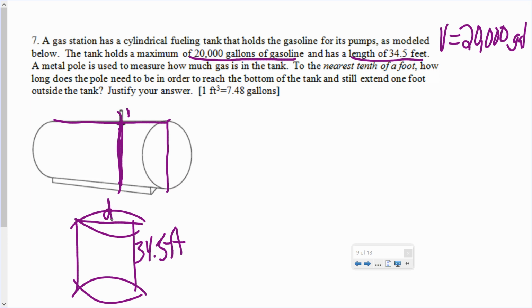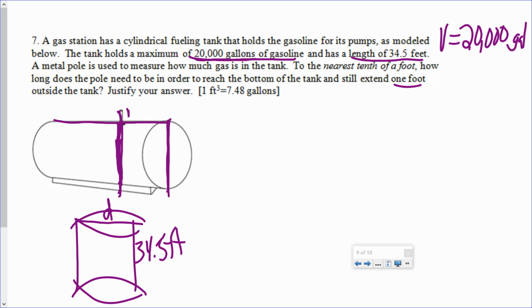The diameter is what I'm trying to find. And once I find the diameter, I'm going to have to add 1 to it, since it said that it wants to stick 1 foot outside the tank. So I think the hardest part here is wrapping your head around what it's asking for. In order to find the length of this pole, I have to find the diameter of the cylinder and then add 1 to it.